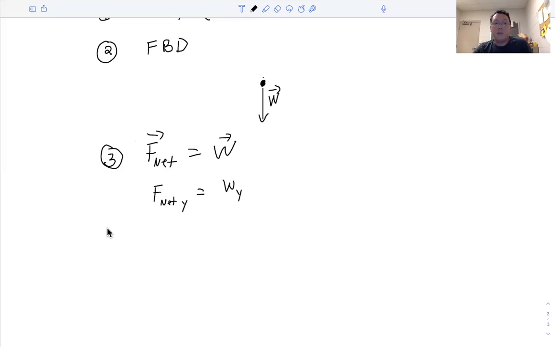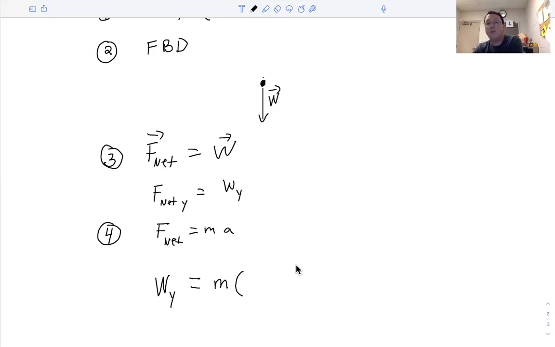And then step 4 is to use F net equals ma. So here I have an object of mass m. I have an expression for my net force. I just plug everything in. I end up with net force being the weight in the y direction equals the mass of the object times the acceleration of the object.